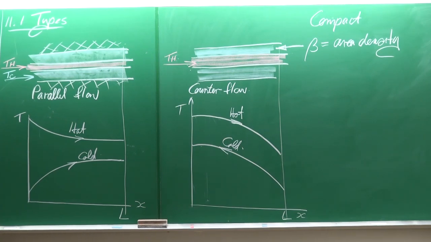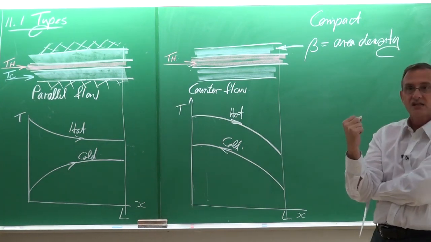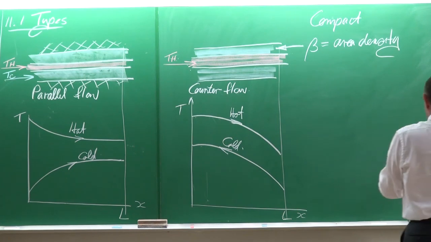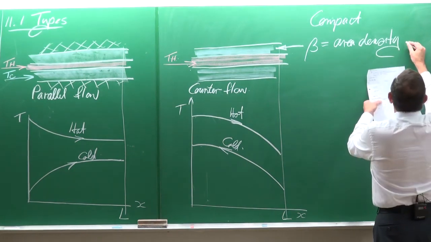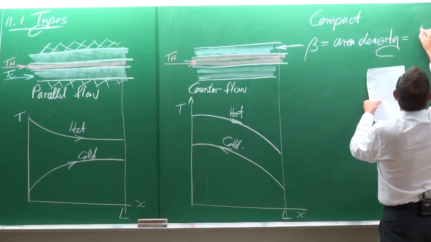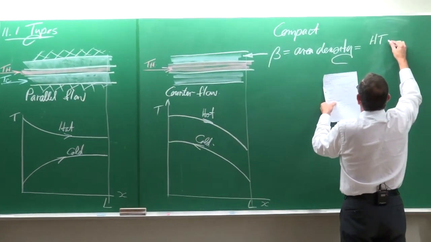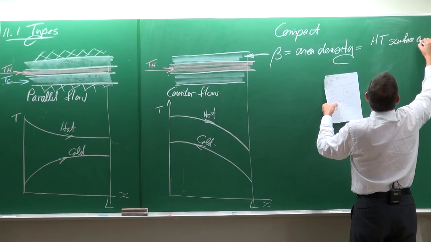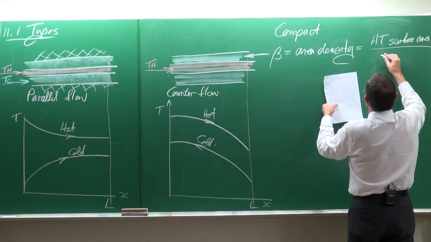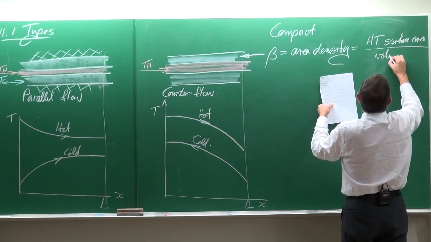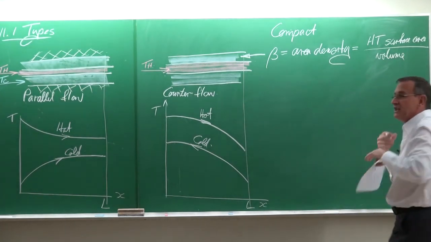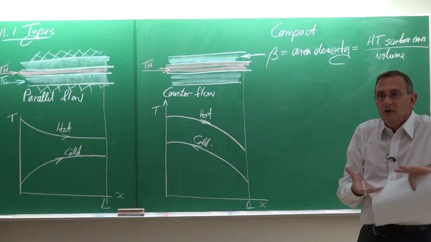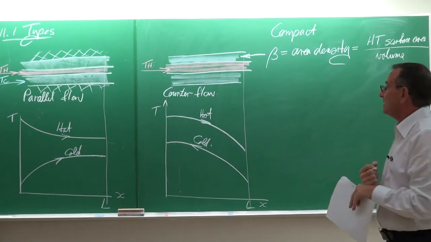It is typically used specifically for compact heat exchangers where size is very, very important. The definition is the heat transfer surface area divided by its volume.